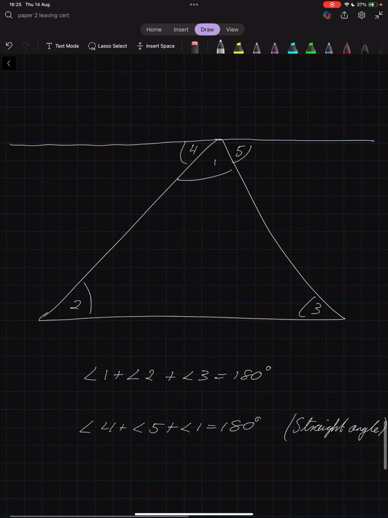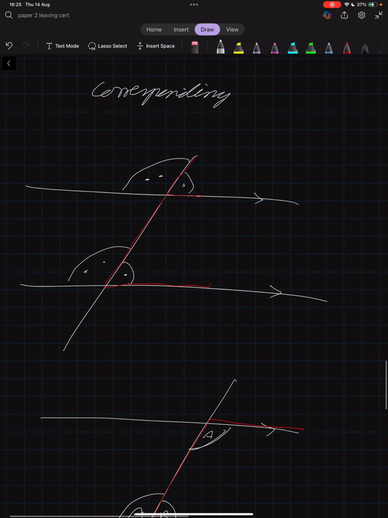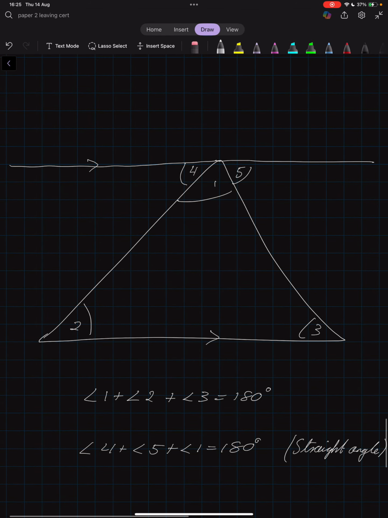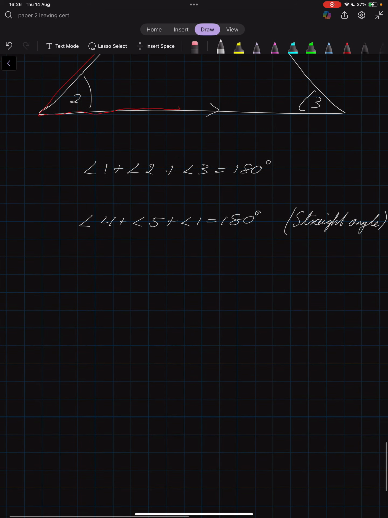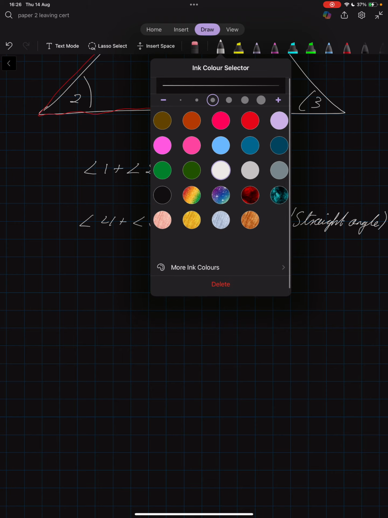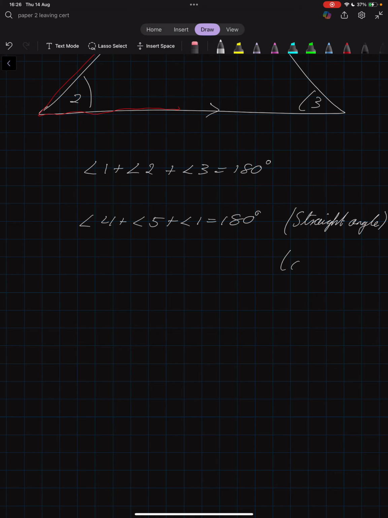And then I can say, well, this is parallel to this, which means I can use my different sorts of angles up here. Here's a Z, which means 2 and 4 are alternate, and therefore angle 2 equals angle 4.